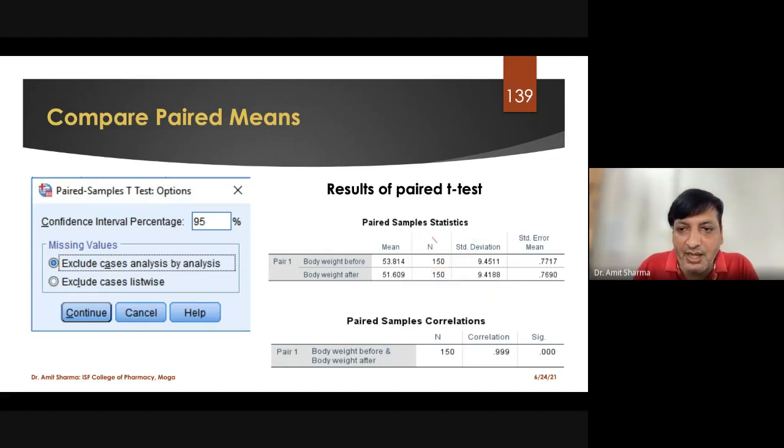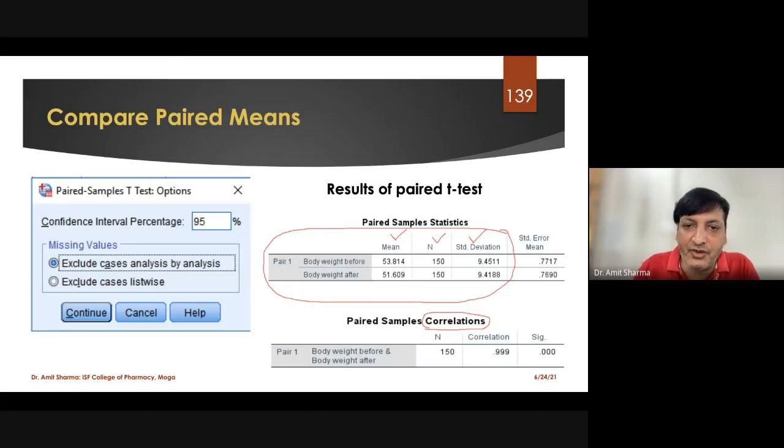Clear? So n, the standard deviation and the mean we are going to take from this first table to write in our thesis or research paper. Second, whenever you apply the paired sample t-test, it also gives a reading of the correlation.